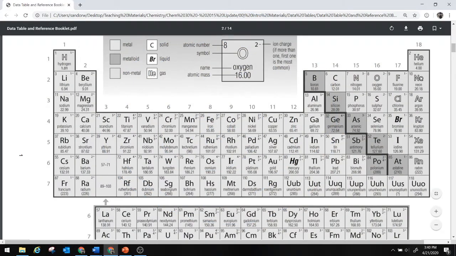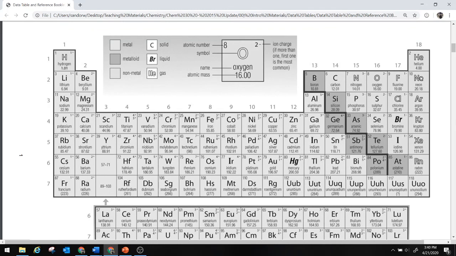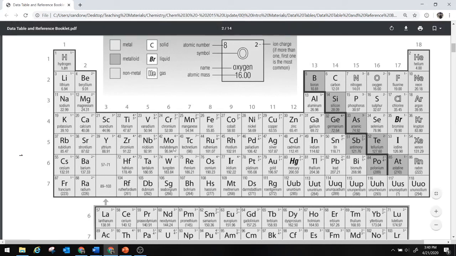The other trend that starts to appear on the periodic table is everything on the right-hand side of this staircase that walks down the periodic table has a negative charge. Everything on the left-hand side has a positive charge. You see, everything on the left-hand side of that staircase is what we would call a metal, and metals lose electrons.